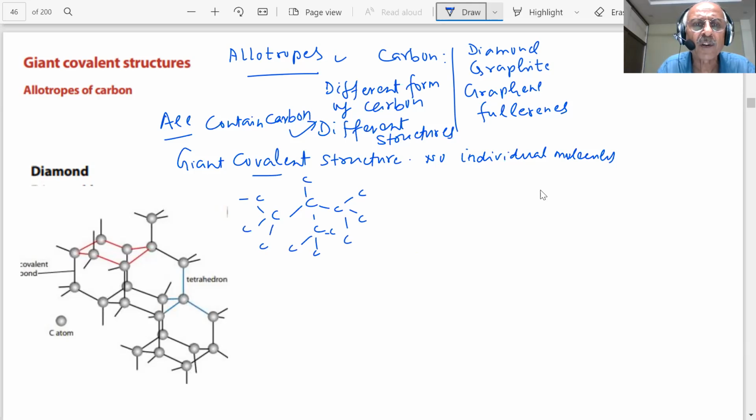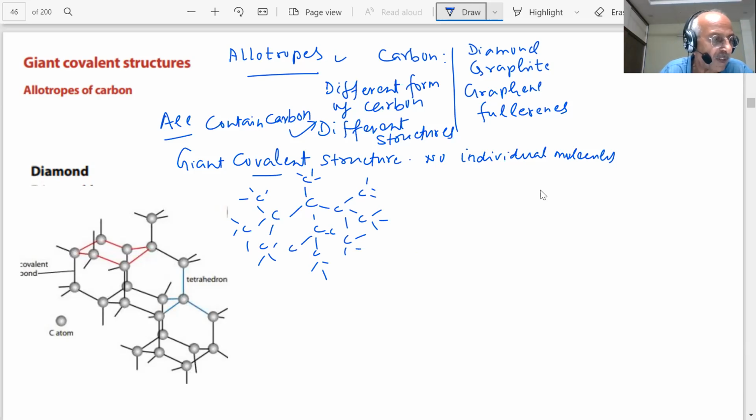This process will continue everywhere, so the result will be a giant covalent molecule with no individual molecules.